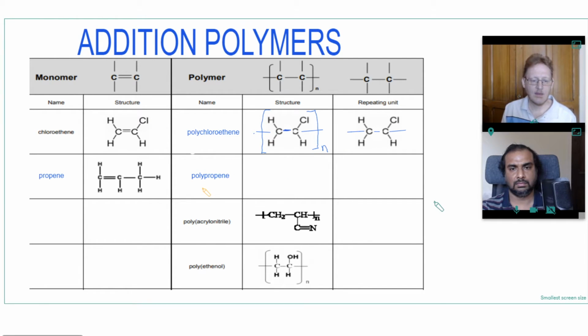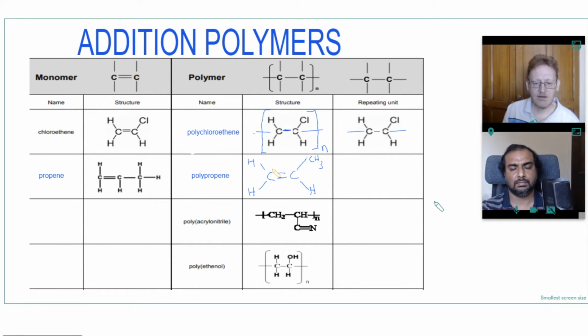So here, the best way of drawing propene, if I draw propene first, so the best way of drawing our polymer is like this, because then the double bond just turns into a single bond. So looking at the propene structure, the first carbon just has hydrogens on it, and the second carbon has a hydrogen and a CH3 group on it.